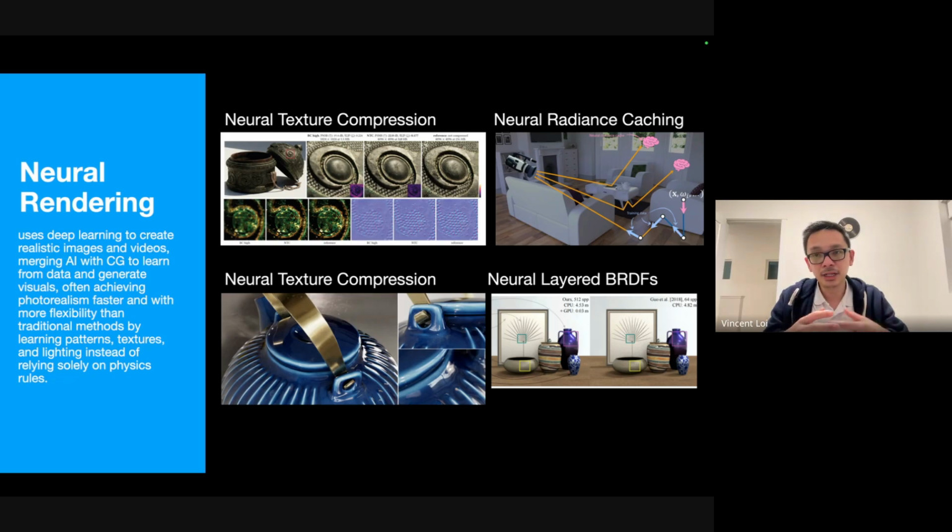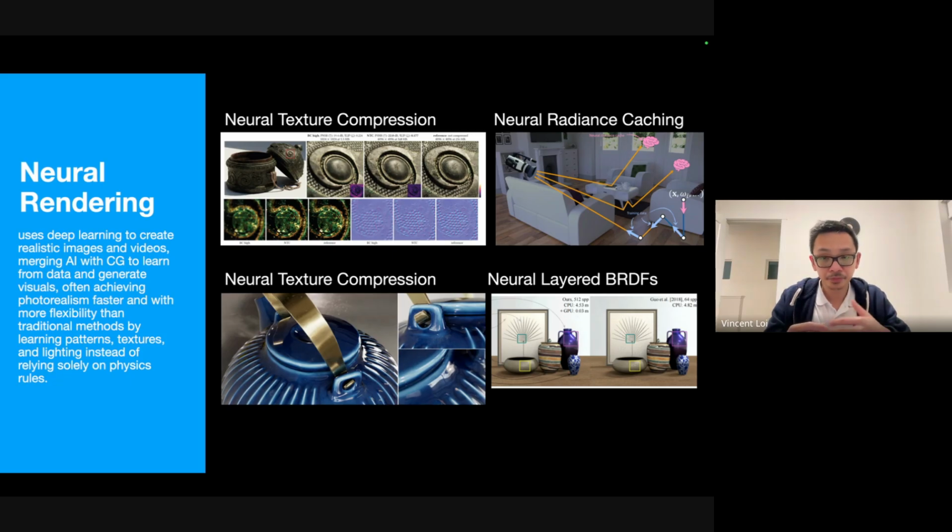Yes, and they're also using neural radiance caching for what they call the prediction of the GI, because GI is the most expensive, most difficult problem to solve these days still. But we're using the AI to do this kind of acceleration.